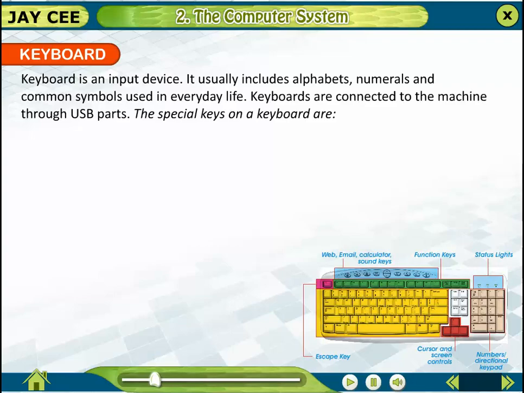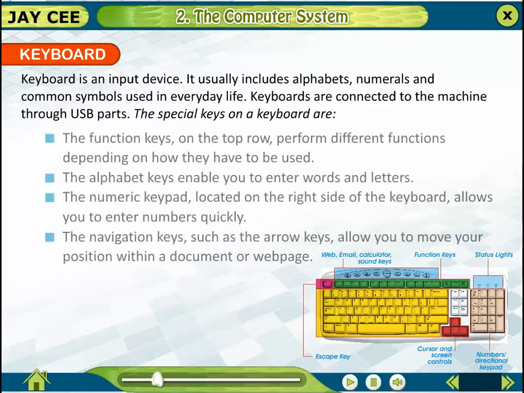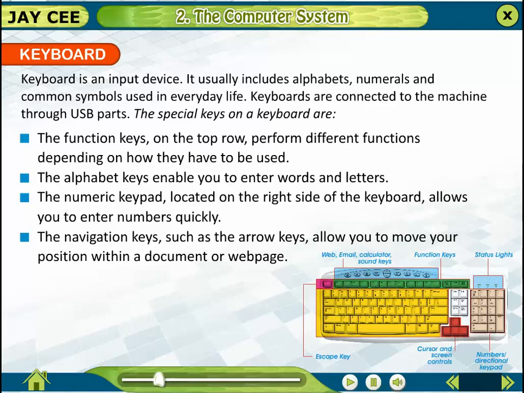The special keys on a keyboard are the function keys on the top row, which perform different functions depending on how they have to be used. The alphabet keys enable you to enter words and letters. The numeric keypad located on the right side of the keyboard allows you to enter numbers quickly.